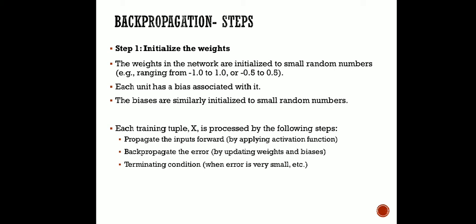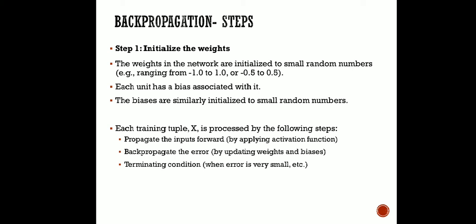Whenever we move to the later slides, you will see what the need of bias is and how we are going to use it in predicting the class label. Biases will be similarly initialized, and after one iteration completes, we will see where my error lies, and we have to modify both the weights and the biases.